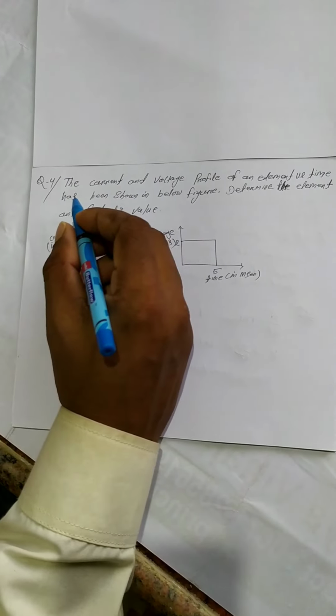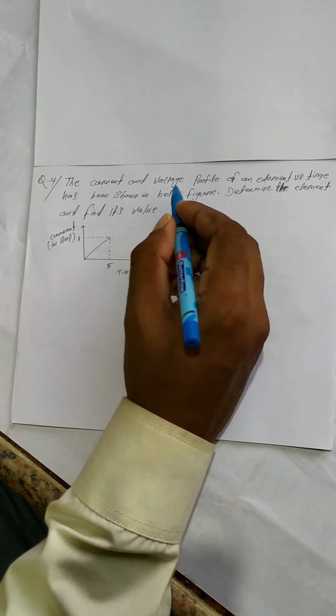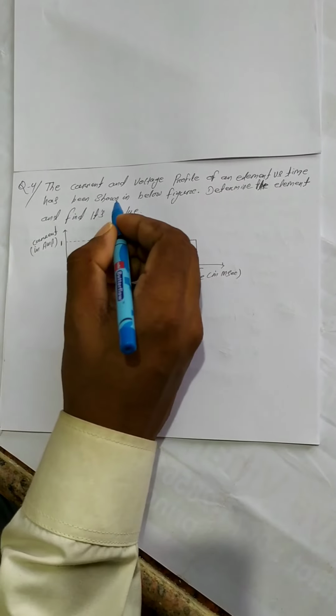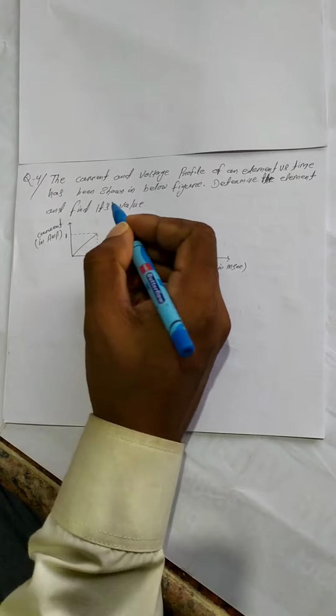Next question is the current and voltage profile of an element versus time has been shown in the figures below. Determine the element and find its value.